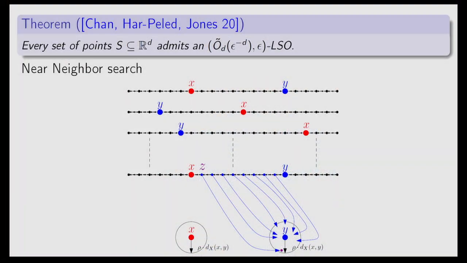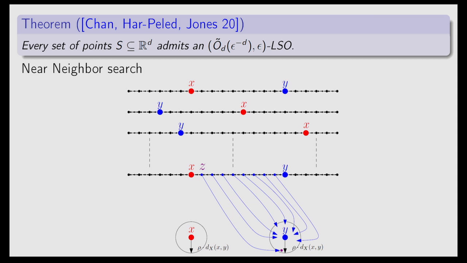So consider the nearest neighbor search. In this problem I have n points, and I need to construct some data structure so that, given a query point, I can quickly find the nearest neighbor or approximate nearest neighbor. Here's a very simple solution using these LSOs. I just store all these points sorted according to the orderings, and now given a query x, I will just check all my neighbors to the left and to the right.